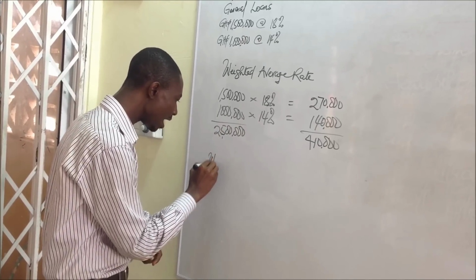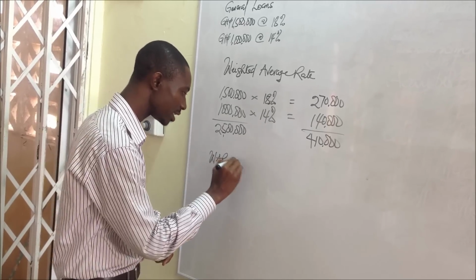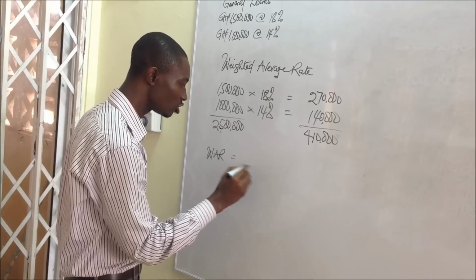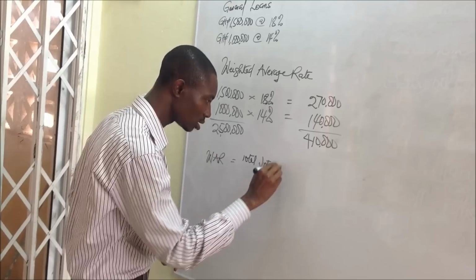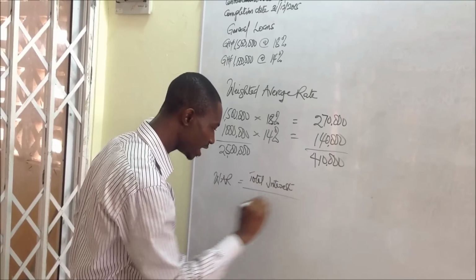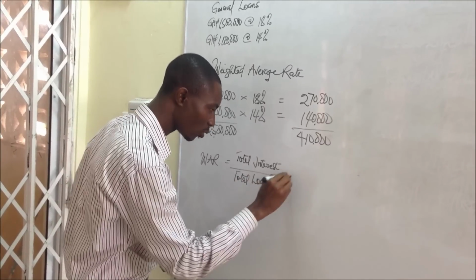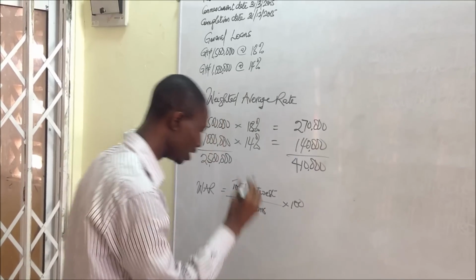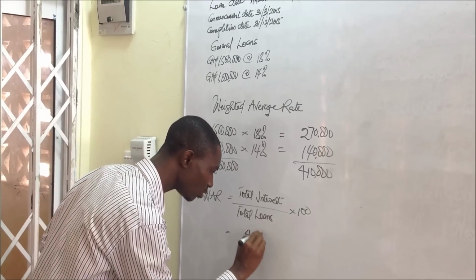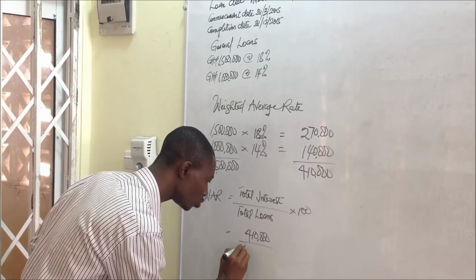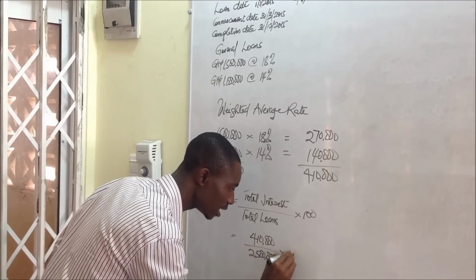The weighted average rates, right, WAR for short, is calculated by taking the total interest divided by the total loans, of course in percentage, so multiply by 100. So in our illustration, it's going to be equal to 410,000 divided by 2.5 million times 100.